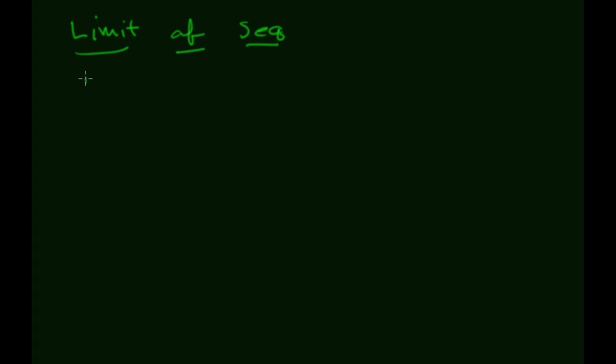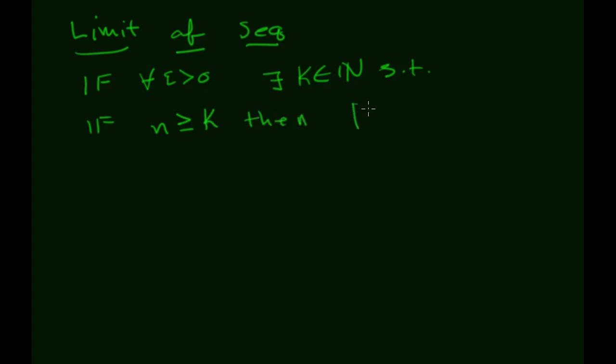So a limit of a sequence is defined as follows: if for every epsilon greater than 0, there exists some k, which is a counting number, such that if n is greater than or equal to k, then the distance between my limit L and a sub n has to be less than epsilon. If this is the case, we say that the limit as n approaches infinity of a sub n is L.